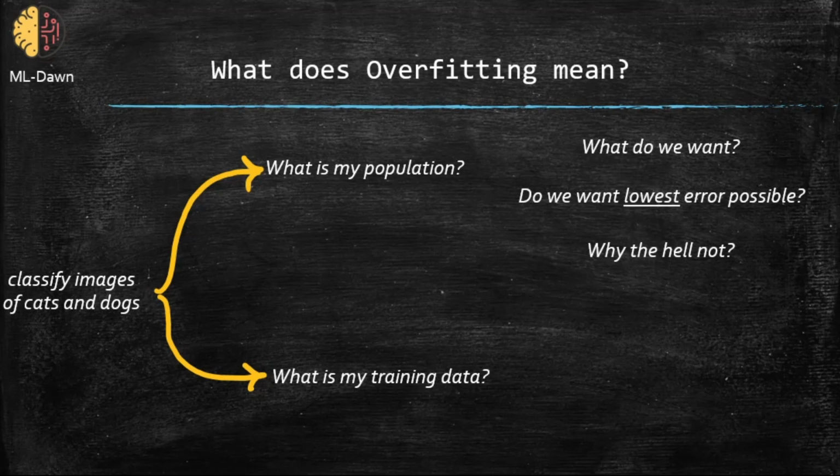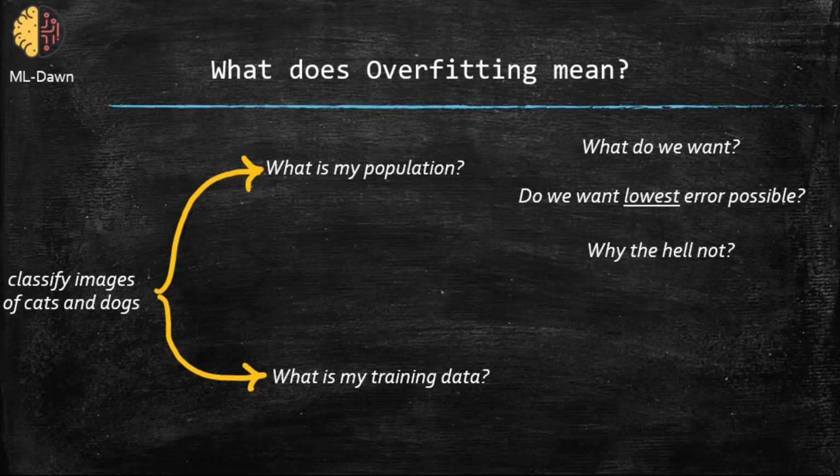Do we want the lowest error possible? Do we want the error of 0? Actually, most of the time, almost all the time, no, we don't. And why not? I will explain to you in detail, but the short answer is, if we do absolutely amazingly great on the training data, it means that we have ended up memorizing the training data.